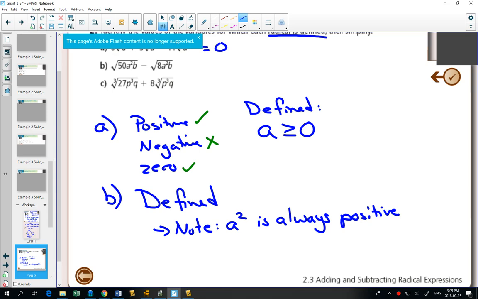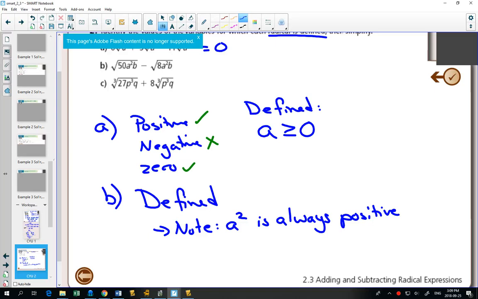So if the a squared is always positive, what do we know about b? If we want to take a square root, will it matter if b is positive or negative? Because we need the whole thing to be positive, right? The 50 is positive. The a squared is always positive, so positive number times a positive number will still be positive.